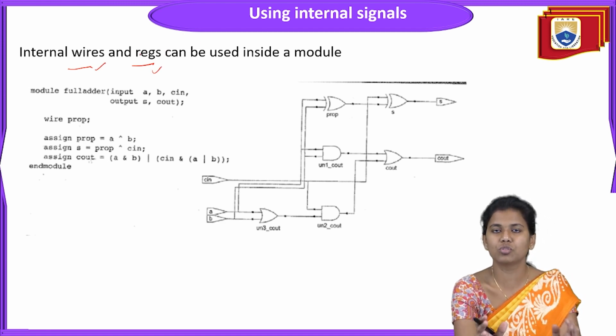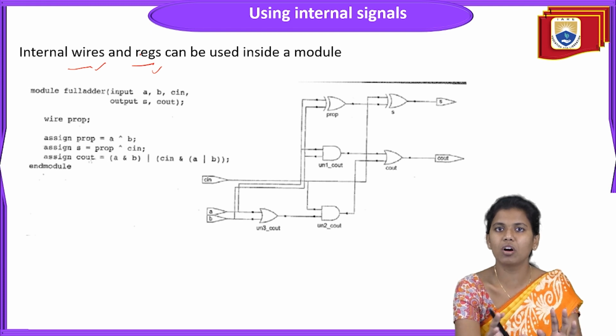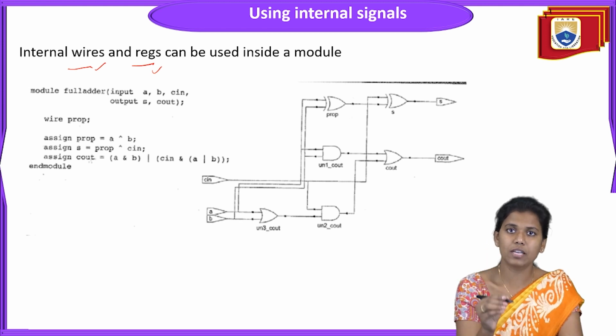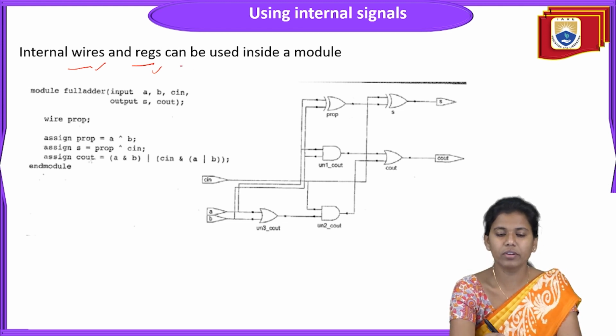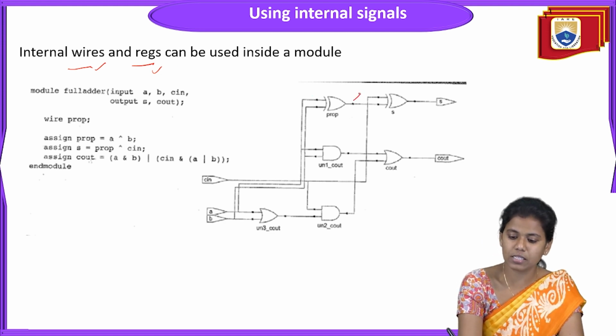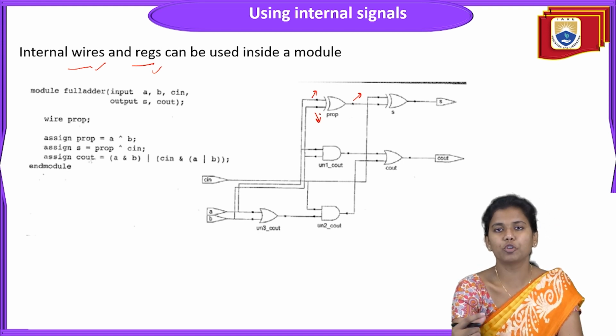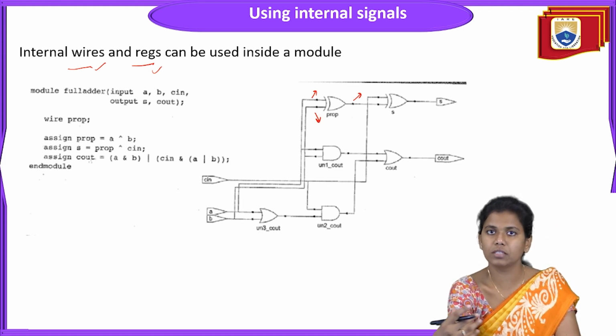Registers will store the data or else pass the data, for the time being. When it comes to wires, see, these are the wires, isn't it? Wires will connect from the output of one circuit to the input of other circuits. Okay, it acts as a connector.